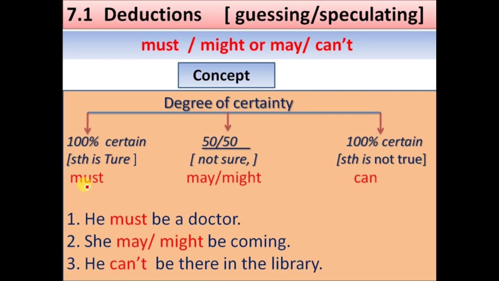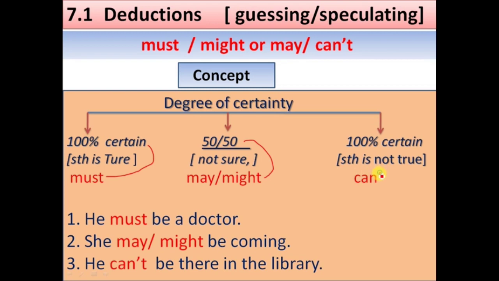Must: if you are 100% certain that something is true, you have to use must. If you are not 100% sure, or only probability 50-50, you have to use may or might.